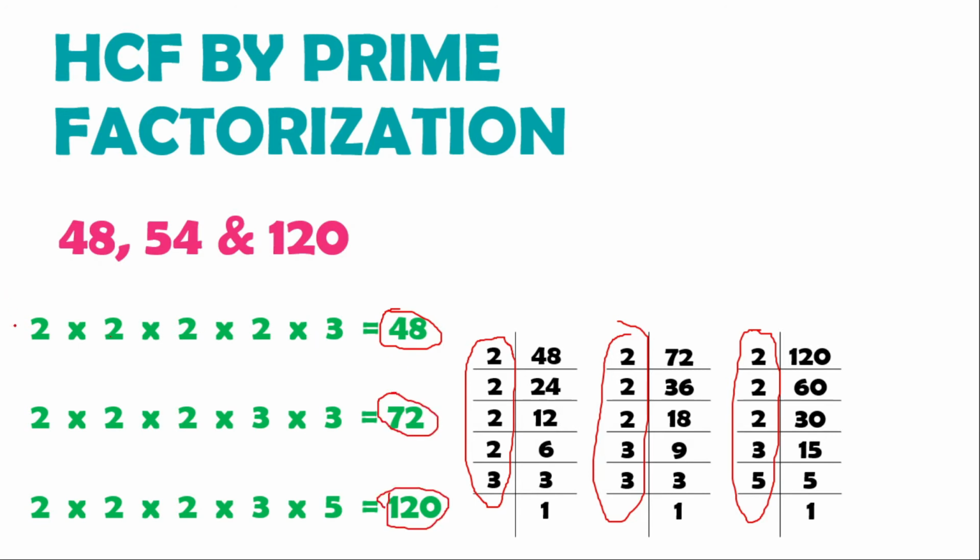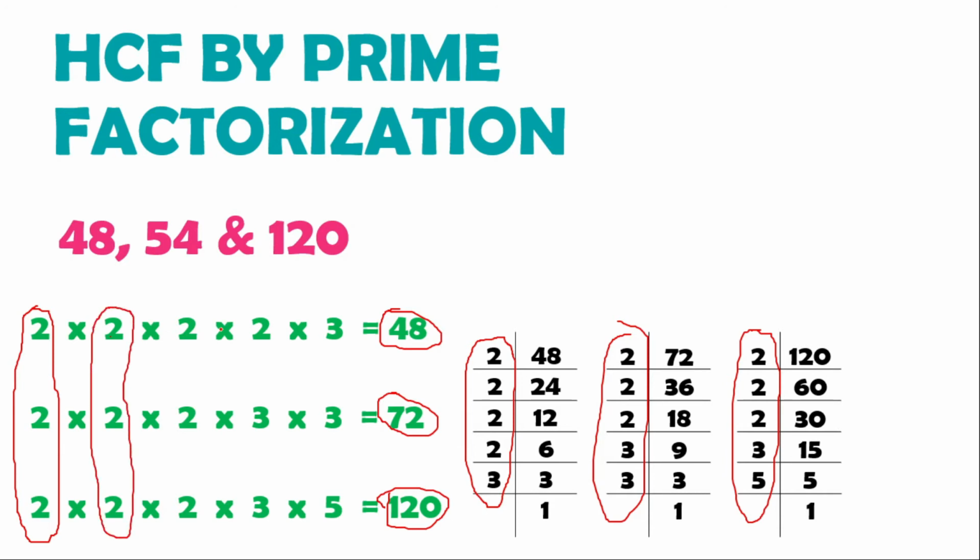Now let us circle the common factors among these. However many numbers we are taking, we must find the numbers that many times. Now we have taken three numbers, so we have to check if the number is repeating in all three. So 2 is repeating in all three numbers. Again another 2 is repeating in these three numbers.